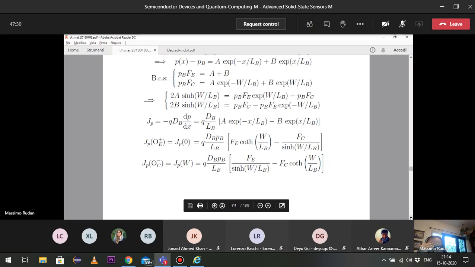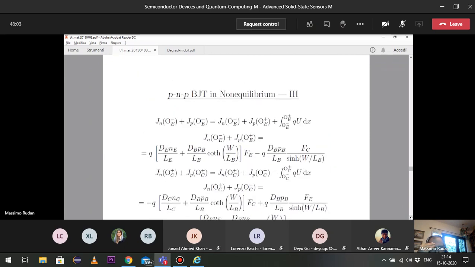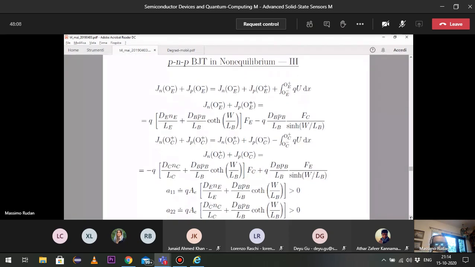At each junction, the total current density is equal to the current density of the minority carriers on the left plus the current density of the minority carriers on the right plus the recombination current density over the space charge region. So we simply put down this expression.